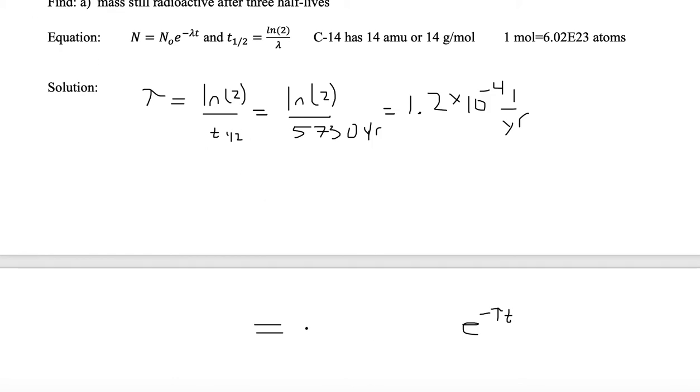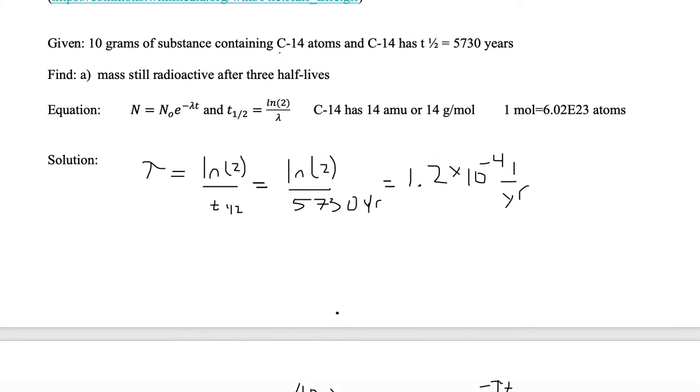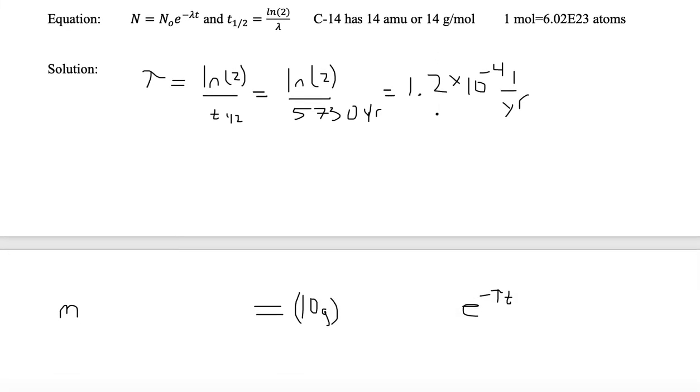We're given mass. The initial mass that we're given is 10 grams. We want to end with mass, so I'm going to put mass over here, M. Now we need to get out of grams. We're given that carbon-14 has 14 AMU, or 14 grams per mole. So all we do is divide by 14 grams, and we put 1 mole at the top.